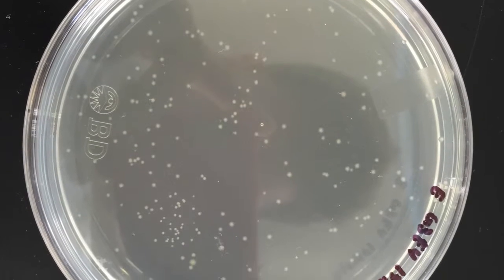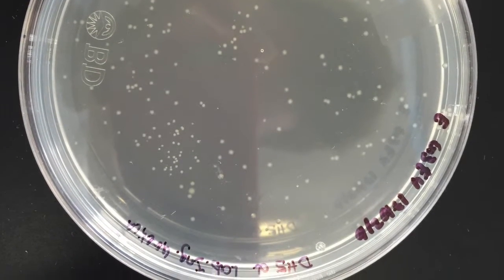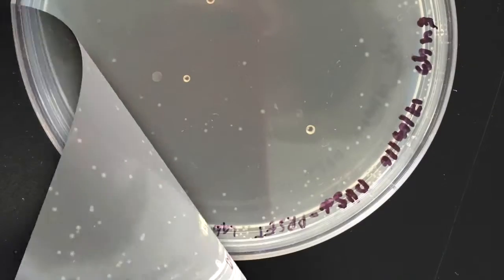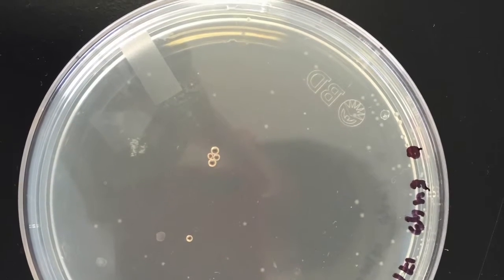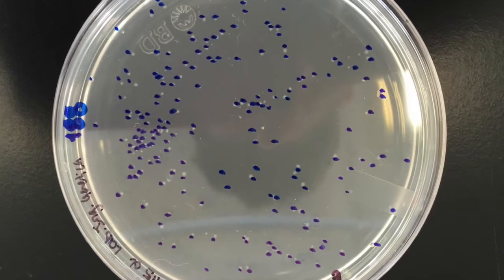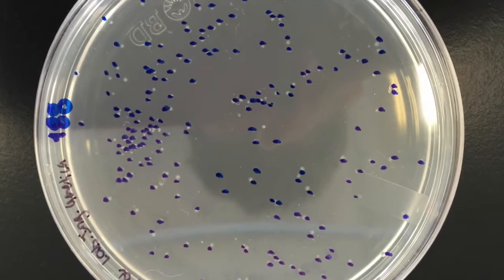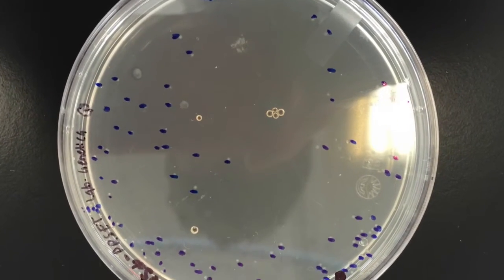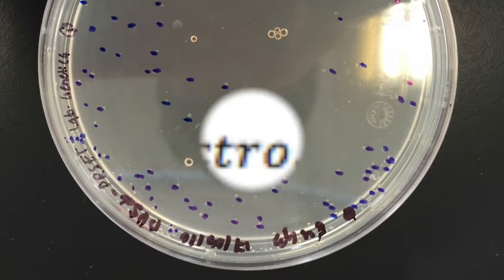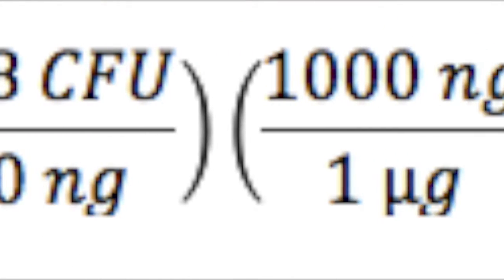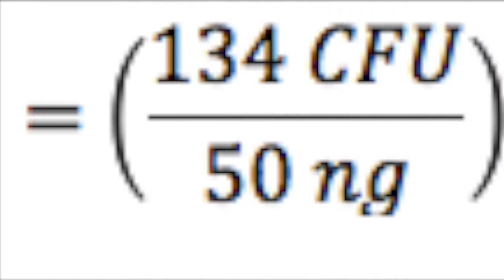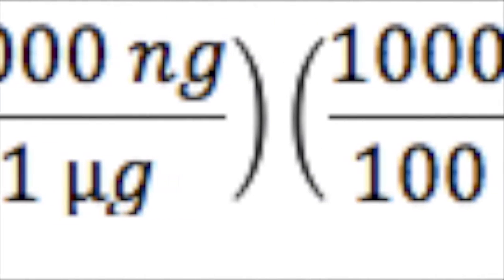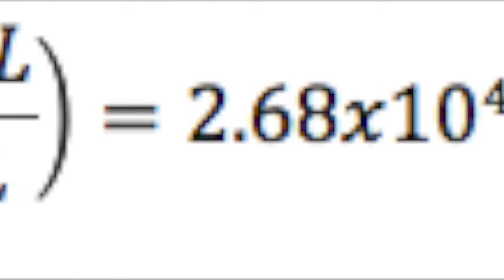Incubated for 12 hours, we observed the colony forming units, and in order to obtain the efficiency of both cells, we counted the CFUs, obtaining 188 CFUs in the electrocompetent cells and 134 CFUs for the chemocompetent cells.